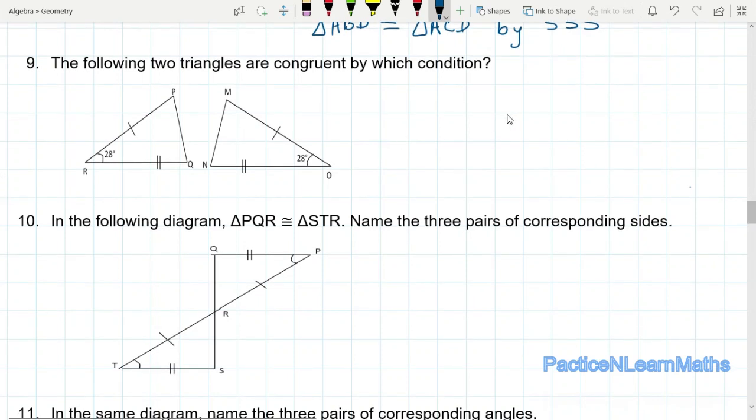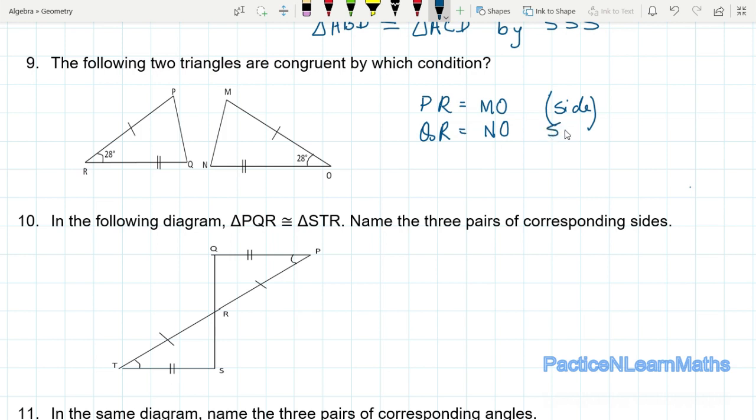The following two triangles are congruent by which condition? Same type of questions. So here we see PR is equal to MO, and then QR is equal to NO, and angle R is equal to angle O. Here you see it's the included angle.